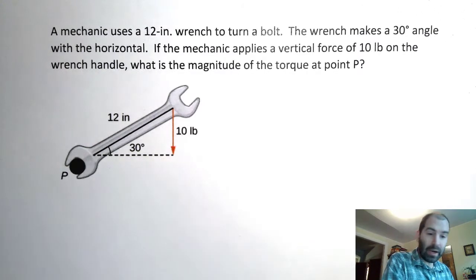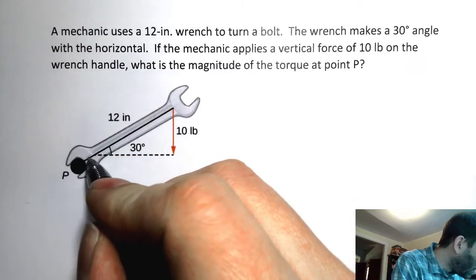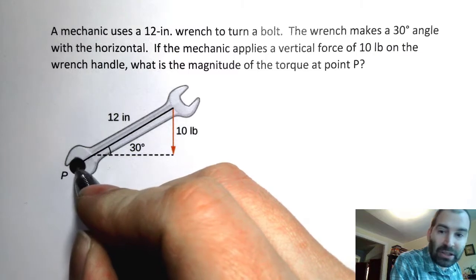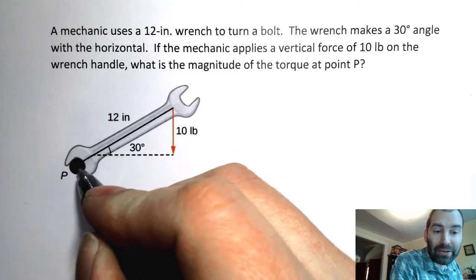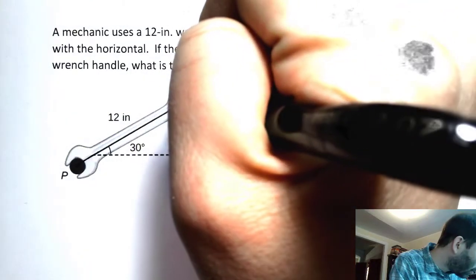Okay, so we draw a vector from the axis of rotation up to the point where the torque is being applied.